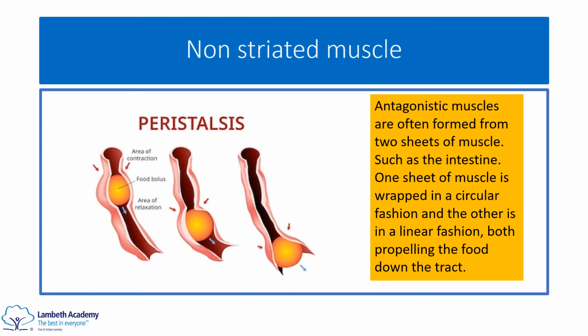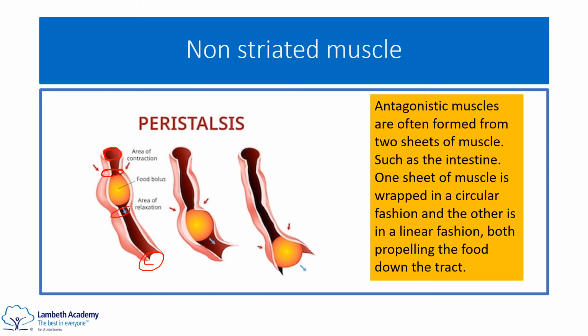So we have a sheet of muscle that's wrapped in a circular fashion at the top of this tube here. So this is a sheet of muscle, and this sheet of muscle here and here, and it would work the whole way down, so there would be another sheet here and another sheet here. These sheets of muscle are wrapped in a circular fashion.